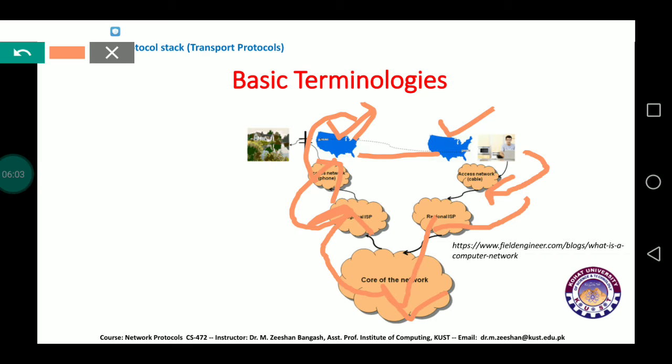So it's basically how the packet from the sender moves from one hop to another, using a pattern, towards its destination.